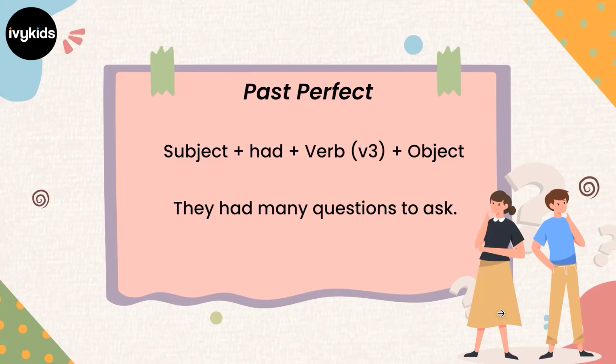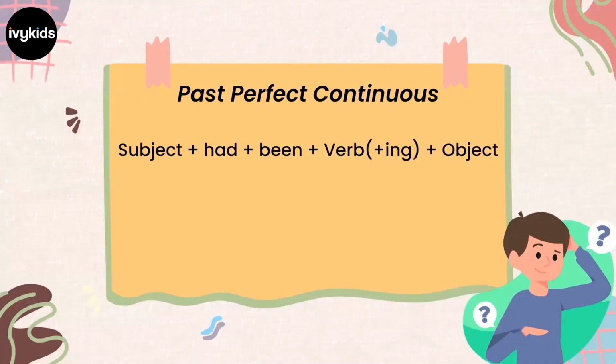That means past perfect. Moving on to the next form, that is past perfect continuous. Remember the meaning of past perfect, and you will be able to understand what is past perfect continuous. What is the formation? Subject, then had, then been, then verb plus ing and then object.